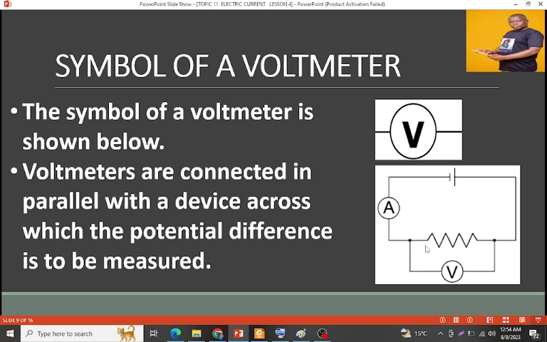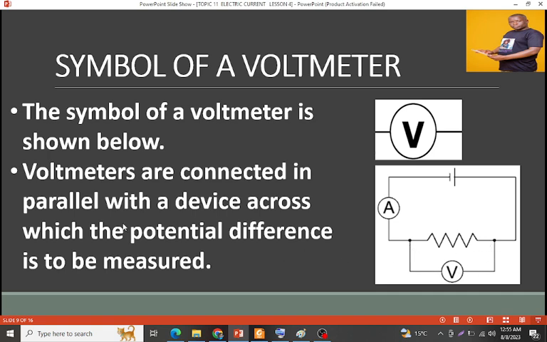This is another form of fixed resistor. The symbol. Alright. So what it is doing here is to measure the voltage dropped at this resistor here. How much of the voltage supplied by the cell is being used by the resistor, is being dropped. We say voltage dropped. What is the voltage dropped here at this resistor? So you have to connect it across.